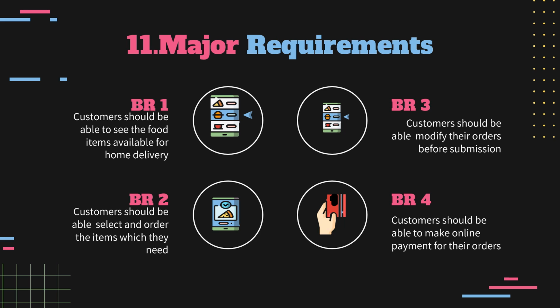BR2. Customers should be able to select and order the items they need. BR3. Customers should be able to modify their orders before submission. BR4. Customers should be able to make online payment for their orders. The remaining requirements can be written on the same lines.